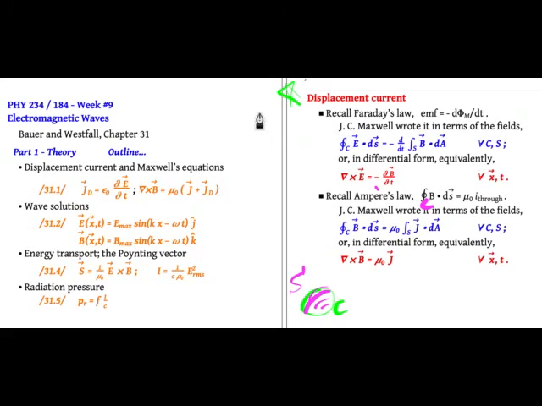And again, Maxwell wrote this in terms of the fields. He wrote the line integral of B dot ds around the curve C is mu naught times the amount of current going through the curve, through the surface.